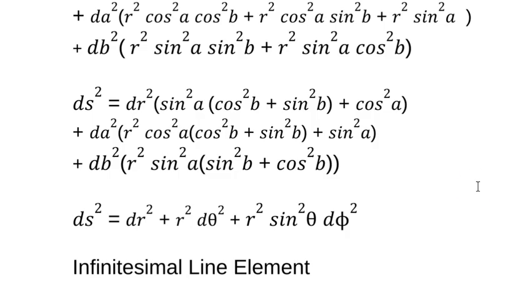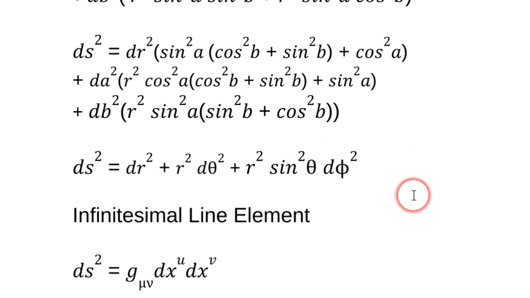Now, the one thing you notice is this is exactly the same thing we got on the diagonal of our metric tensor. We got a 1, an r squared, and an r squared sine squared theta. So that means you can write it like this: the infinitesimal line element is equal to the metric tensor times the differentials of the coordinates multiplied together.